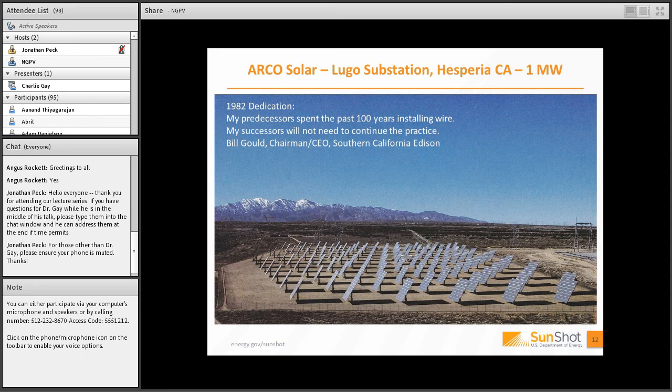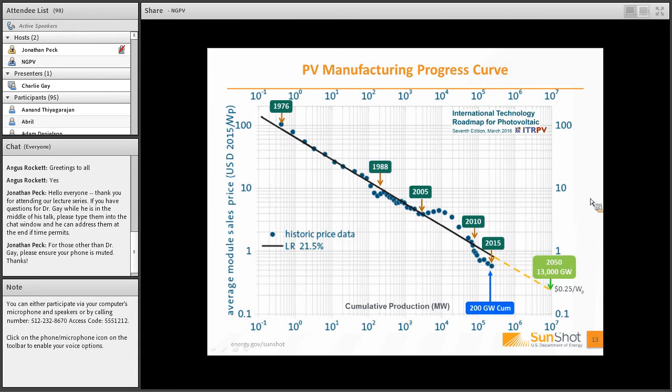On the next slide is that learning curve extrapolated out to what might happen. We continue to see increased deployment of solar. We'll be able to get costs down below 30 cents a watt. There are folks already today who are projecting that they can get their costs down below 30 cents a watt in the coming year or two.